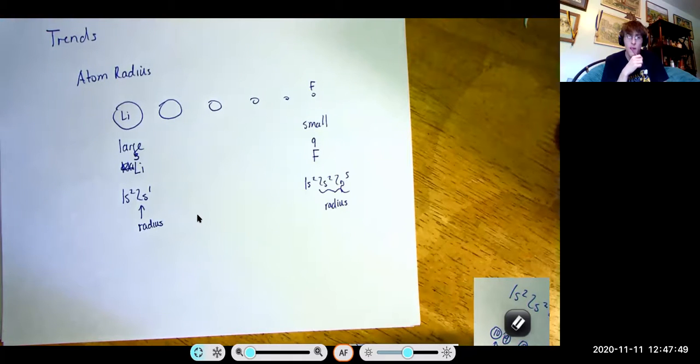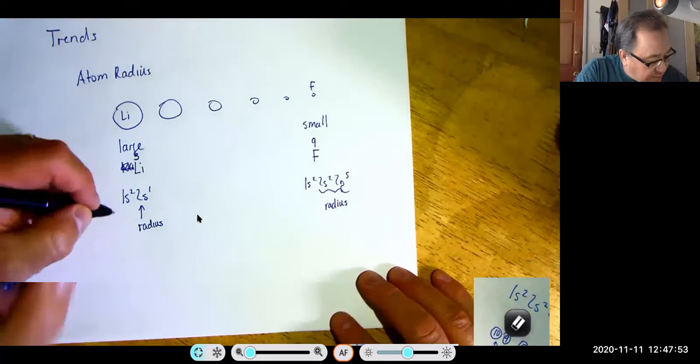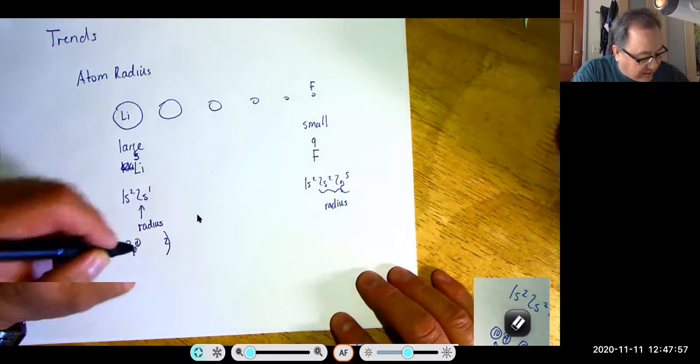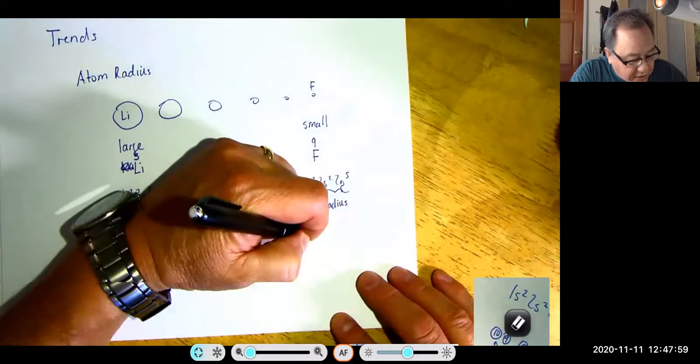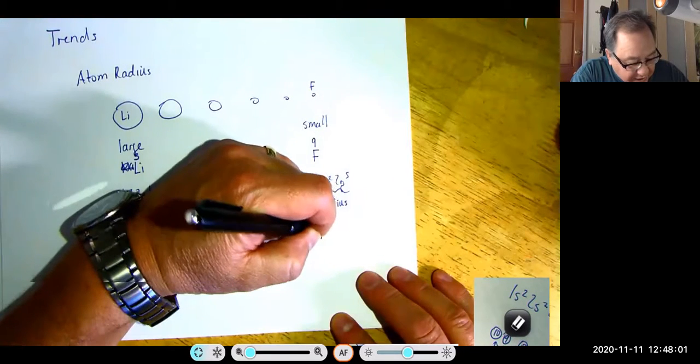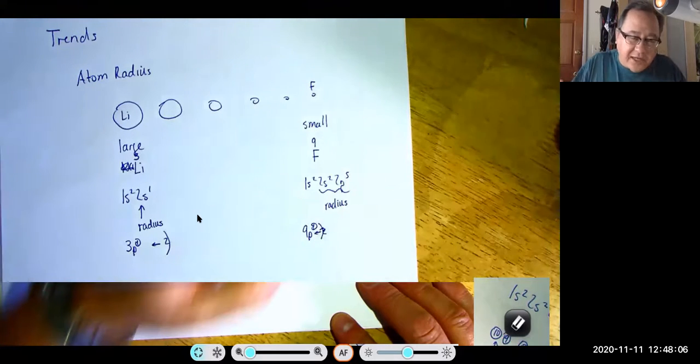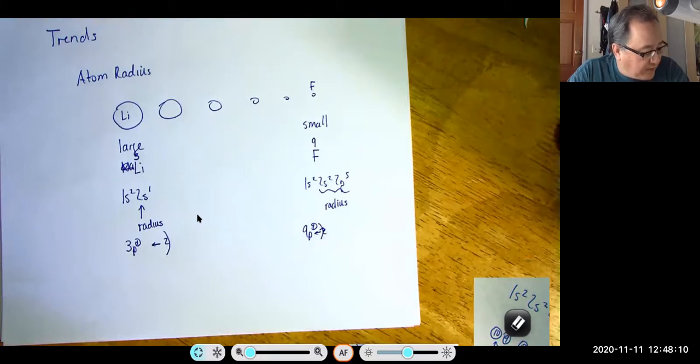Now, if you have 3 protons pulling in a second shell versus 9 protons pulling in a second shell, who's going to do a better job of roping those electrons in and sucking them in, so to speak, and making the atom smaller? 9 protons or 3 protons?